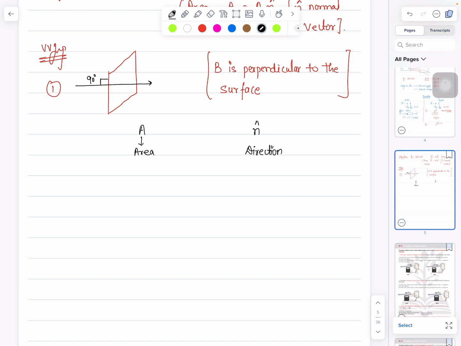Now this is very, very important, what you need to understand. B, the magnetic field, makes an angle theta of 90 degree with A. Do you understand? With the surface.